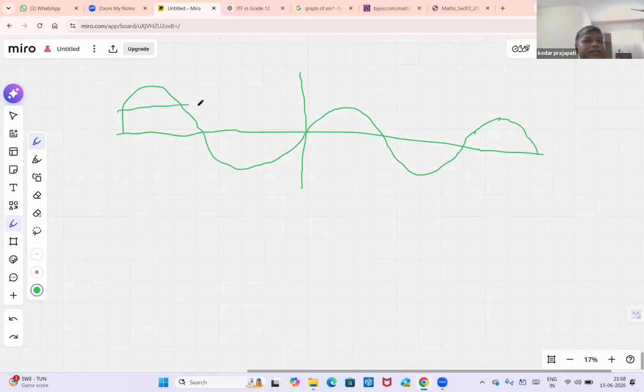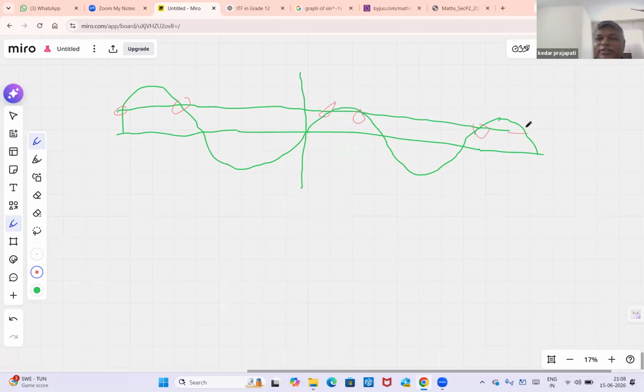And it should cut the graph only at one place, correct? But this line, which is parallel to x-axis, is cutting it at multiple places. One is here, one is here, one is here, one is here. Right? It means what?